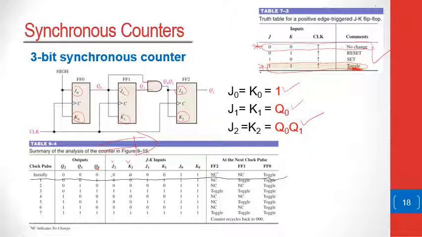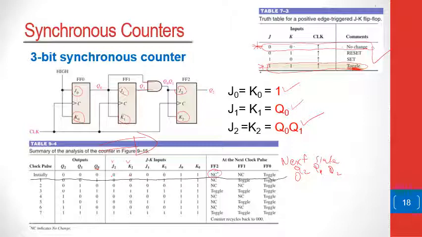Now, because we have 0 and 0, it means flip-flop number 2 has 0, 0, which means it will have no change, which means its next state, Q2, will be 0. It will be whatever the previous state was.